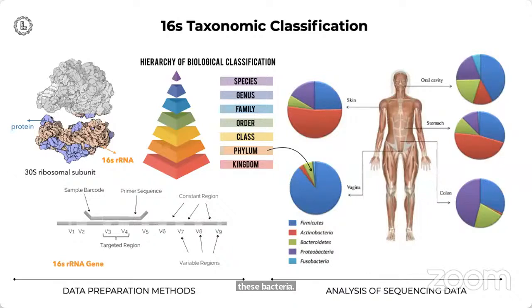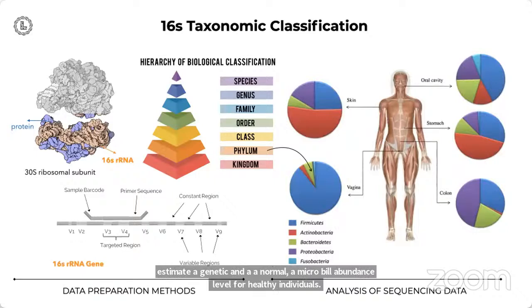So each microbial community can be studied by comparing with each other, and the abundance levels from similar communities can be related to different conditions or different individuals, and generally we can estimate a normal microbial abundance level for healthy individuals. That is the aim of the Human Microbiome Project, as we already spoke about.